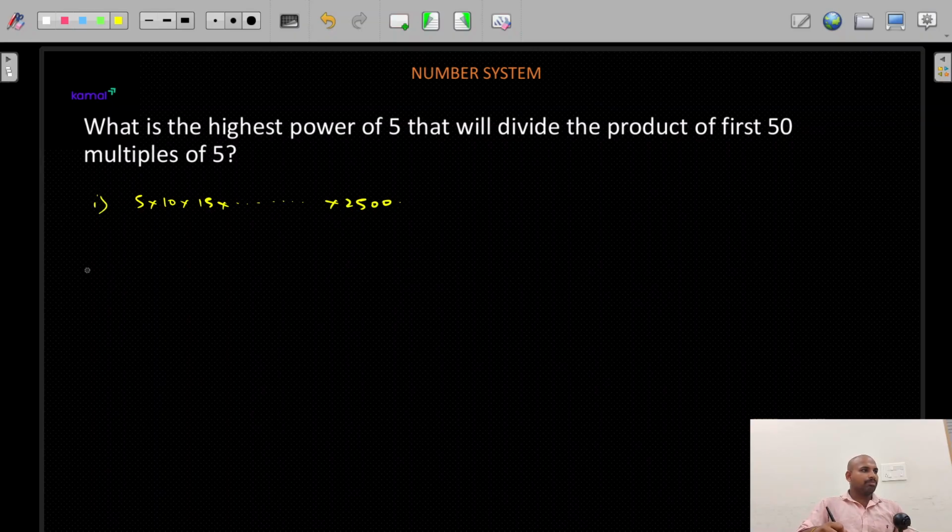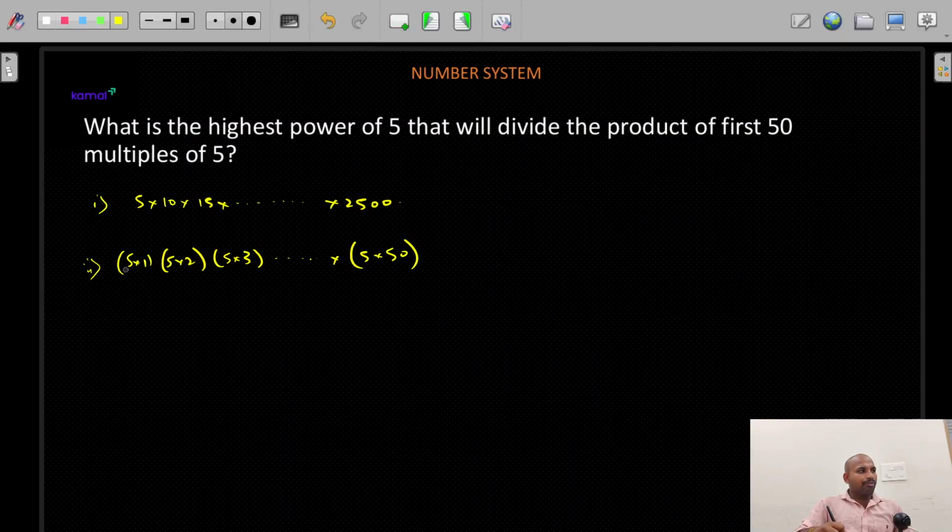That's the first step. The second step is I need to find the highest power of 5. If I can convert this number into a factorial, I can use successive division to find the highest power of 5 here. So I can write 5 as 5 into 1, 10 as 5 into 2, 15 as 5 into 3, and keep going up to the last term as 5 into 50.